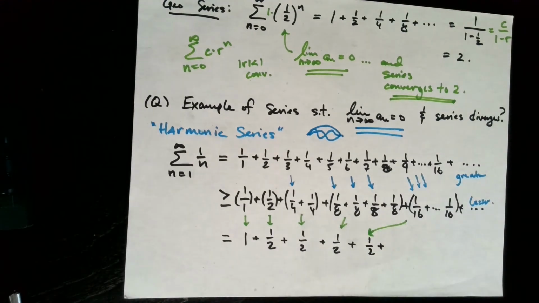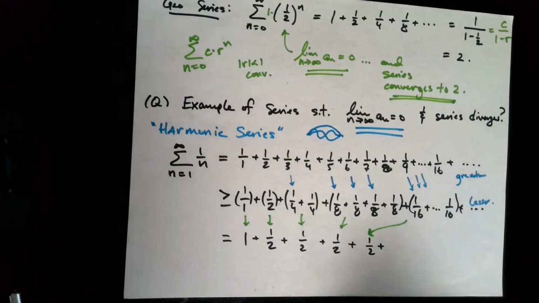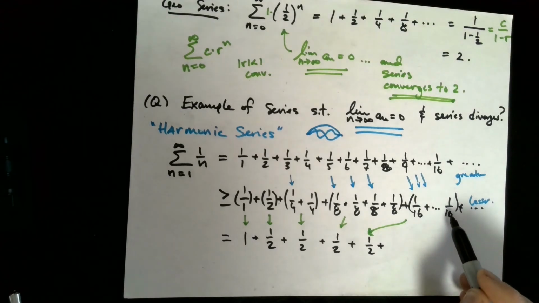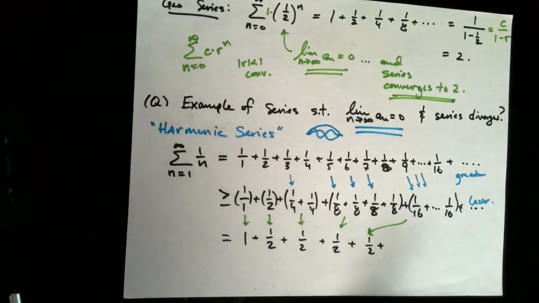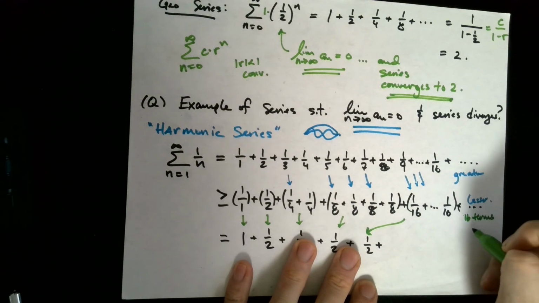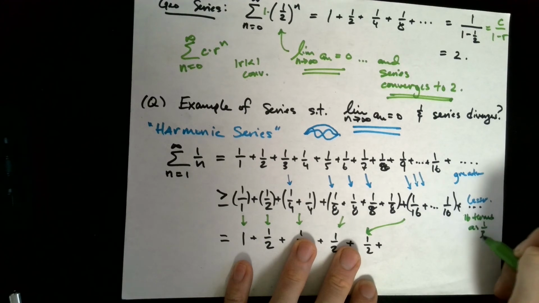Now, think about this. This sum goes on forever. So, just as we can get the next 8 terms and write them as a 16th, we could go out further and get the next, what would this be? The next 16 terms and write as 1/32.